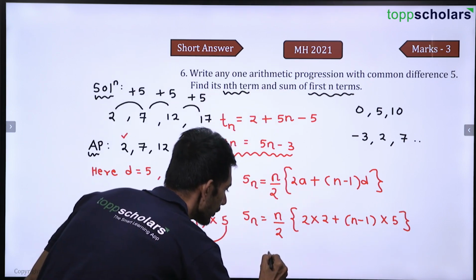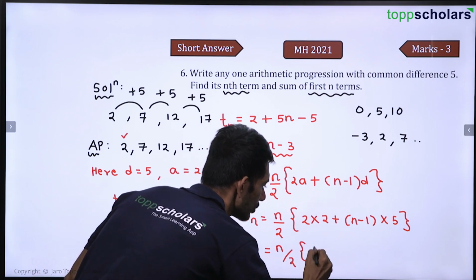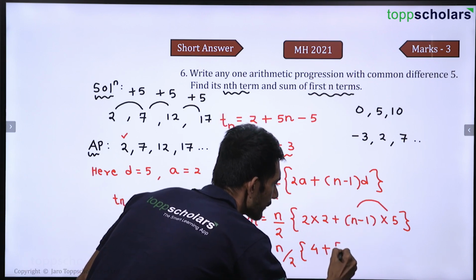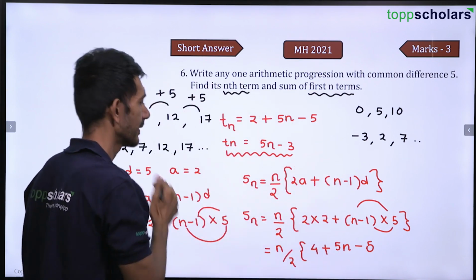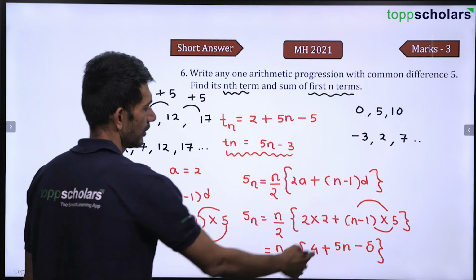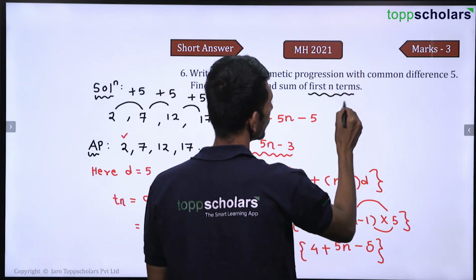So that gives you n by 2 into 4 plus 5n minus 5, right? So this gives you 5n minus 1. This gives you n by 2.